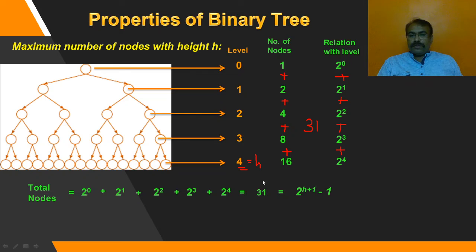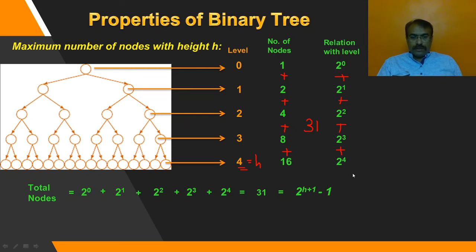So what is h? h is the height of that tree. The height of that tree is 1, 2, 3, 4. There are 4 levels. That's why the tree height is 4. So this way we can make the arrangement of a tree.